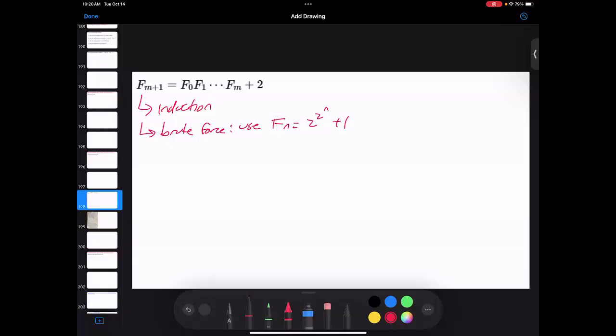And if you can do this, the GCD of Fm plus 1 and Fk equals what, for k less than or equal to m? What can you tell me about the GCD of Fm plus 1 and Fk?